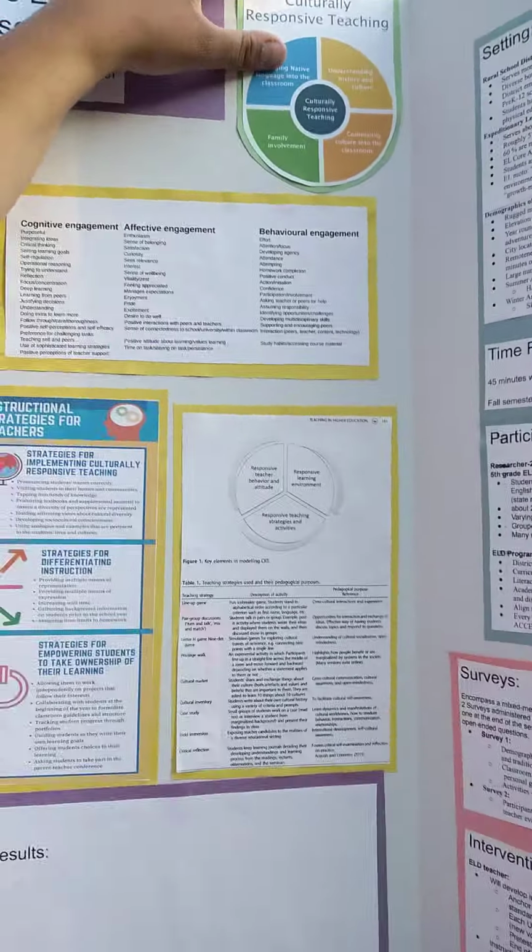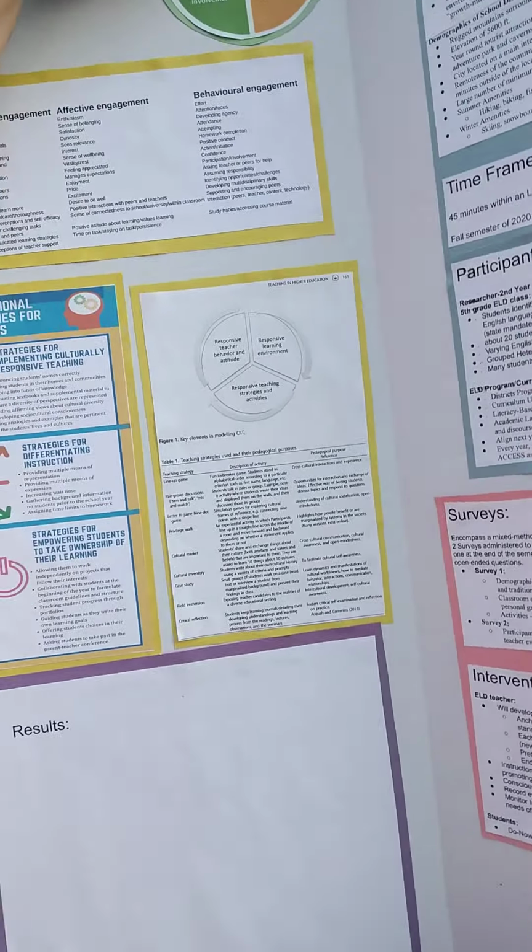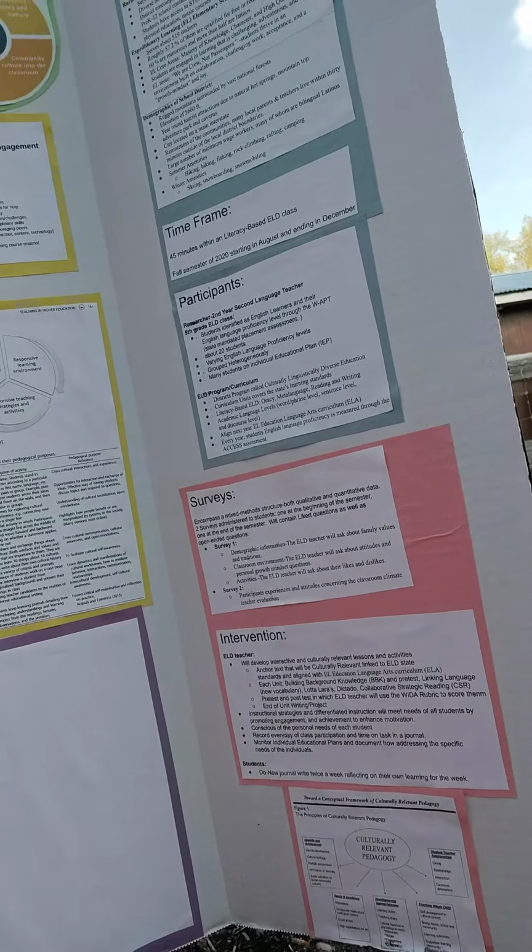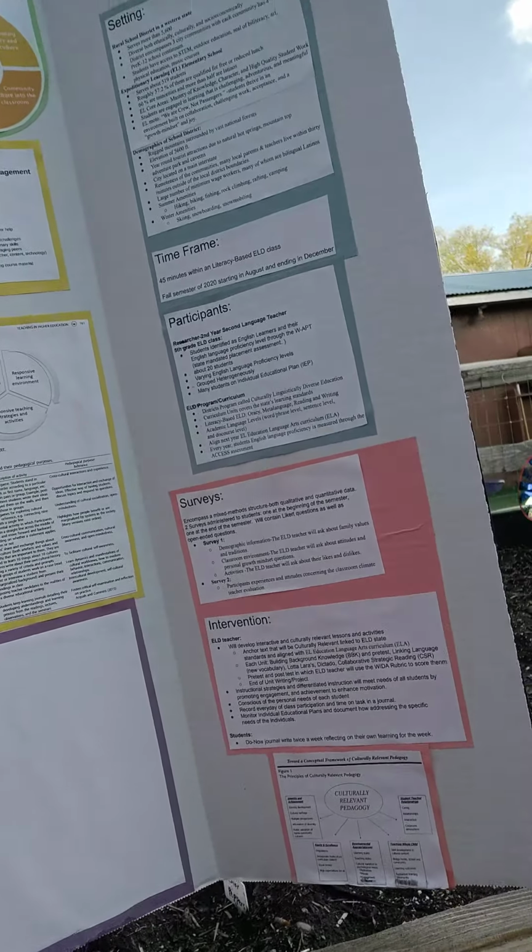Some strategies that I might be trying this next year are a lineup game or pair group discussions. Maybe instead of just doing a turn and talk, doing more group discussions at a table. I might try the Privilege Walk, which is an experiential activity in which participants line up in a straight line across the middle of the room and move forward or backwards depending on whether the statement applies to them or not.